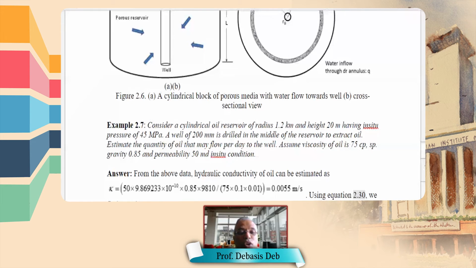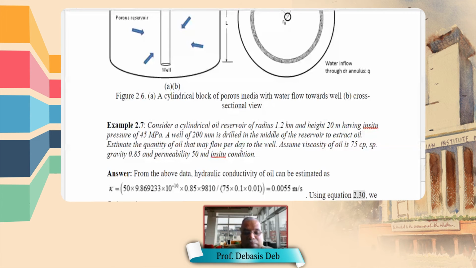Estimate the quantity of oil that may flow per day to that well. Assume the viscosity of the oil is 75 cp. Cp is centipoise, okay, that may come a little later. And specific gravity of 0.85, permeability 50 millidarcy in situ condition.